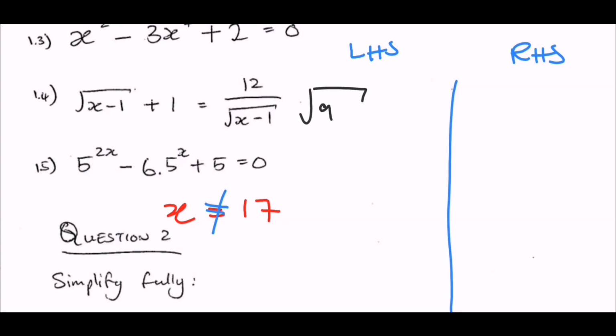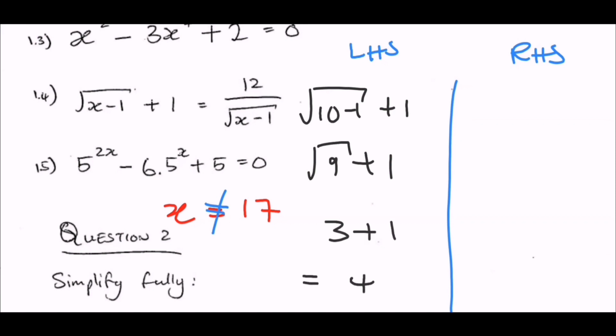The square root of x minus 1 plus 1. So if x is 10, it's 10 minus 1, plus 1, so that should be the square root of 9, which is 3, so it's 3 plus 1, which is 4. The left-hand side is equal to 4. Let's try it here again. 12 over the square root of x minus 1.